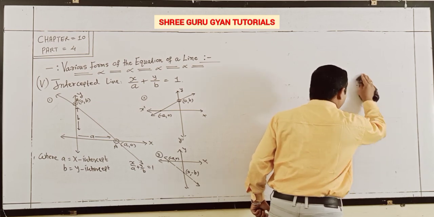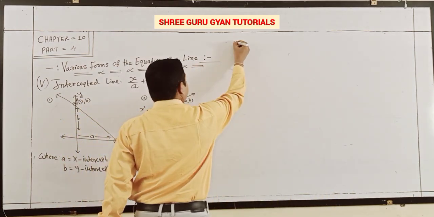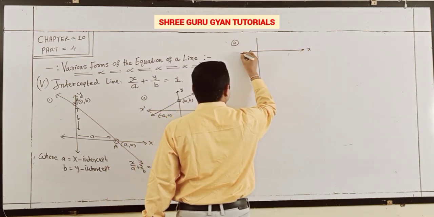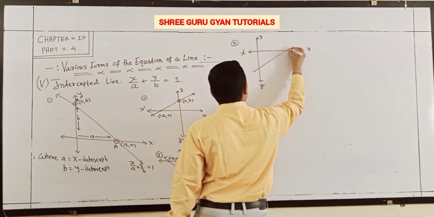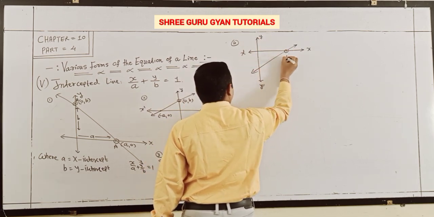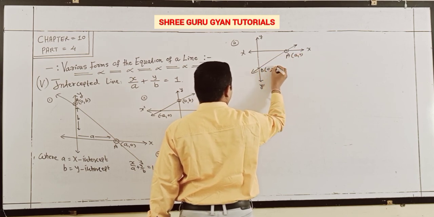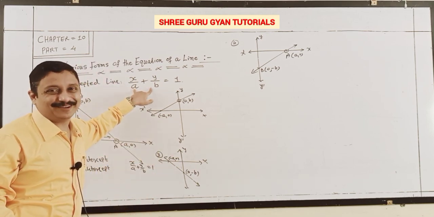Indirectly, this topic is also very easy and simple. Now the fourth drawing, you can draw in the fourth quadrant. This x-axis, x dash, y dash. This point (a, 0). Here (0, minus b). The formula is the same, but only the values of a and b change.